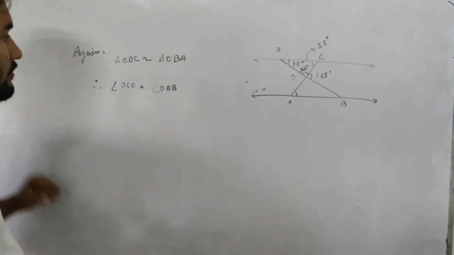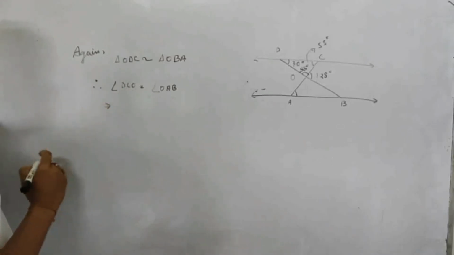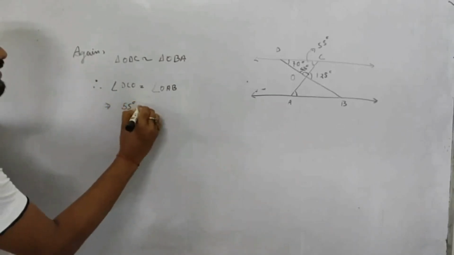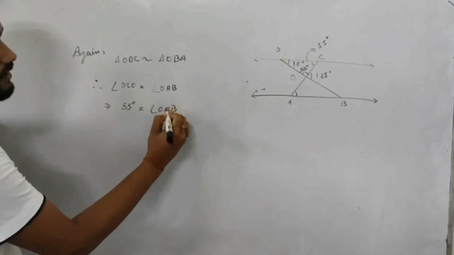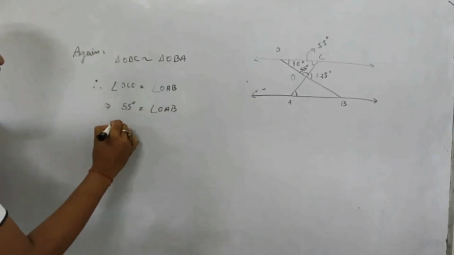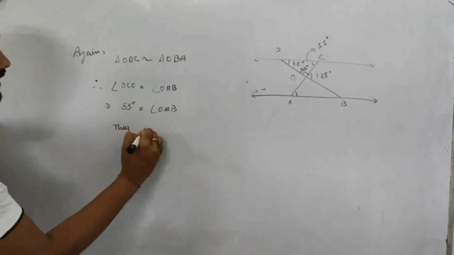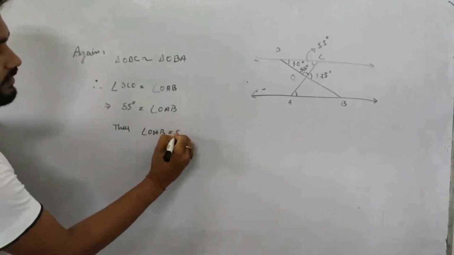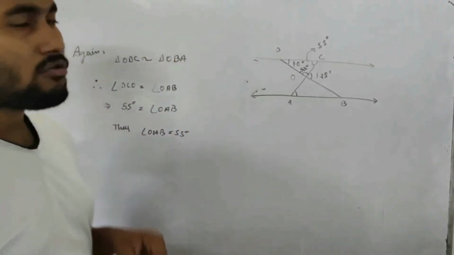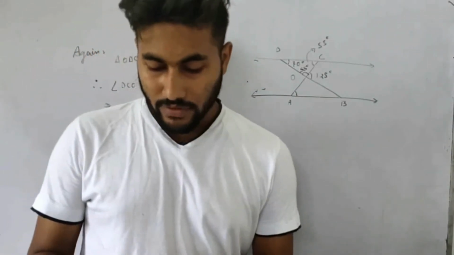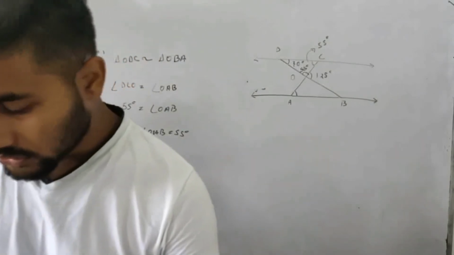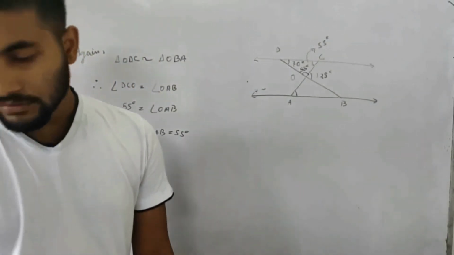So make them equal. Angle DCO is 55 degrees, so angle OAB is also 55 degrees. So all the angles we have found out were 55 degrees. Understood? So with this, question number 2 is done.